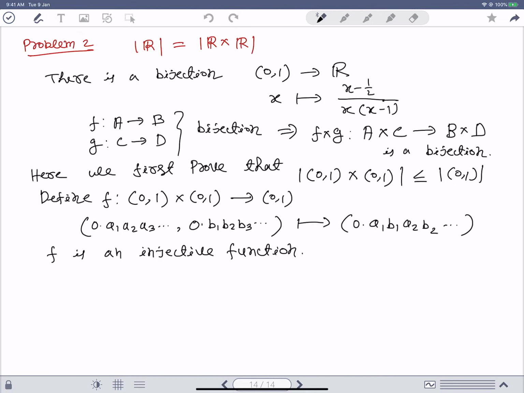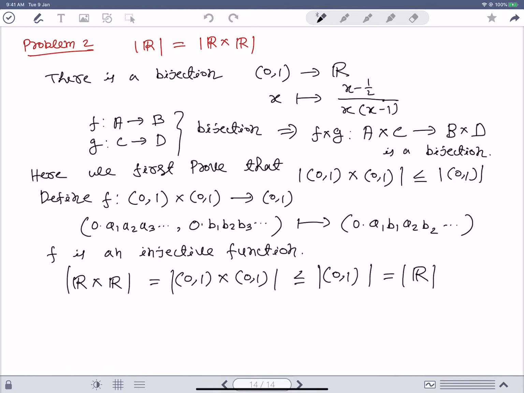Therefore we have the cardinality of (0,1) cross (0,1) is less than or equal to the cardinality of (0,1), and we know this is R, and again we know this is the cardinality of R cross R. So we have this one.